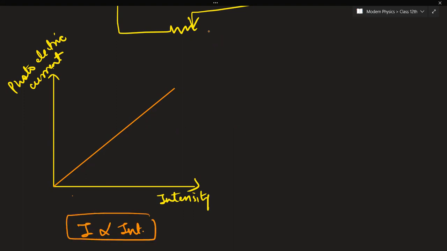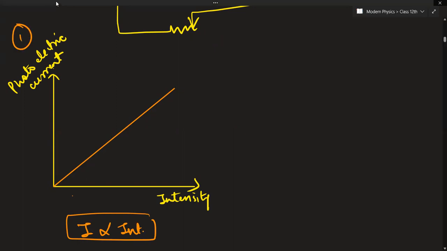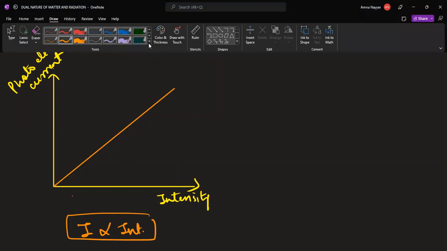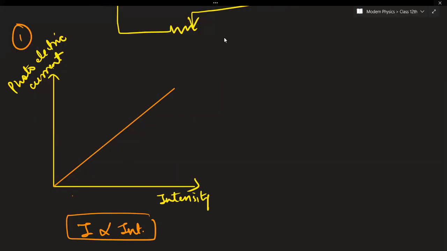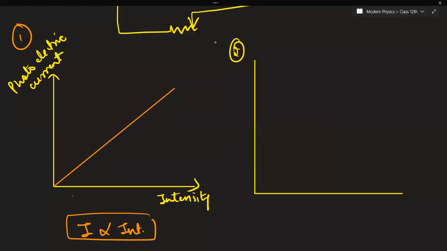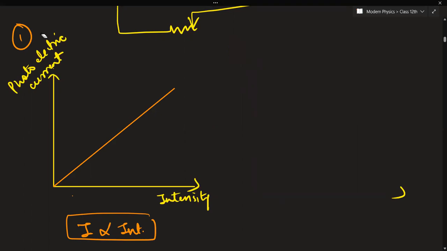As you increase the intensity, the photoelectric current increases. This was the effect of intensity, one graph that you have. One more graph that is present is the graph of stopping potential. This needs space.